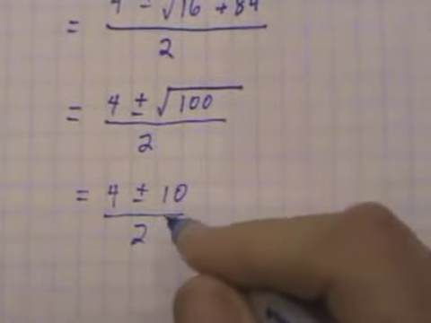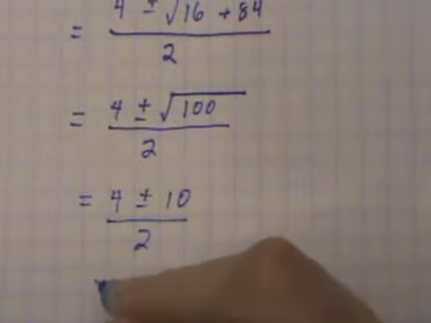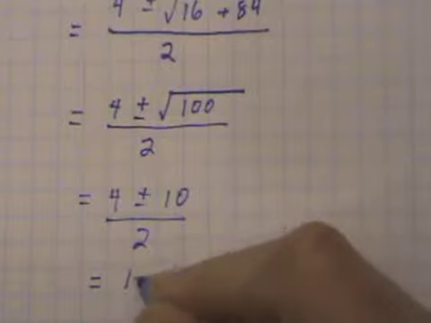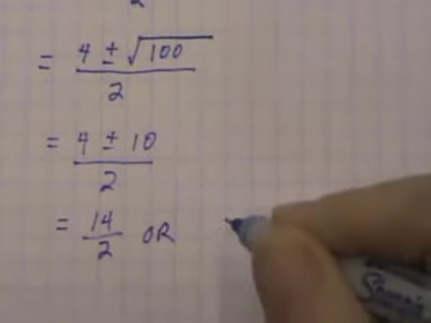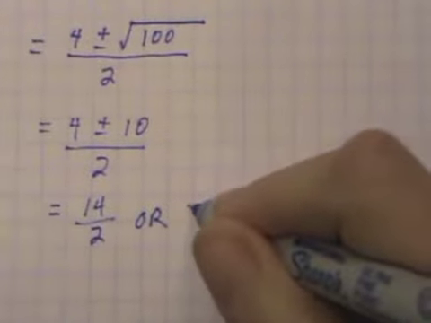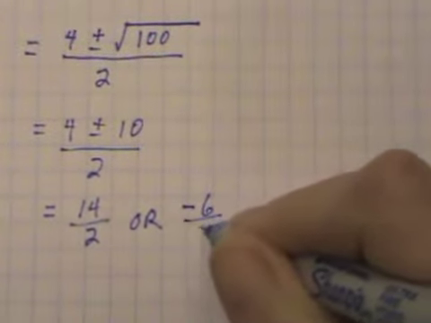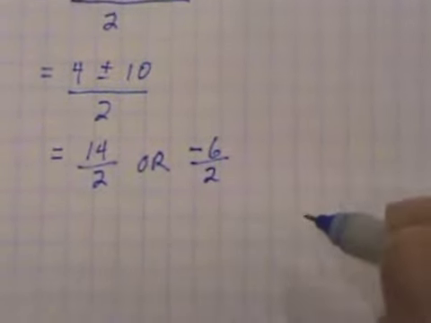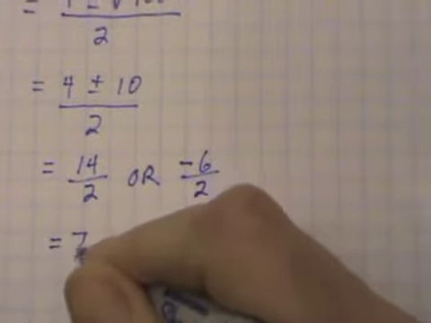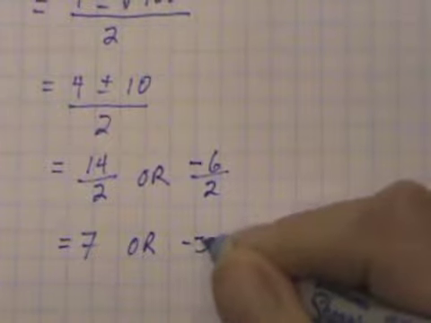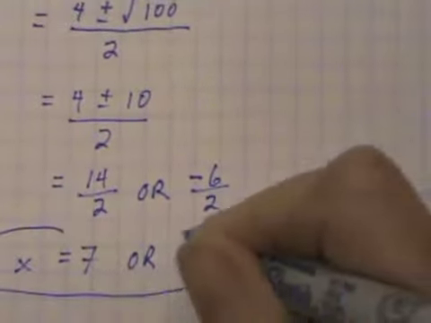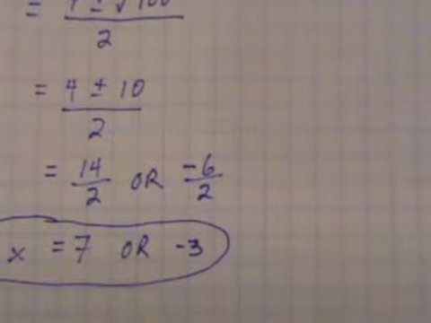So we've got two answers at this point. And that means we have 14 over 2 or negative 6 over 2, which gives us 7 or negative 3. That was a lot of work.